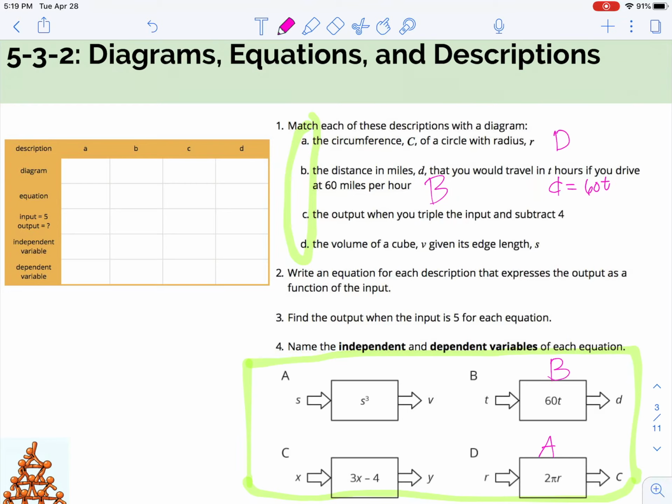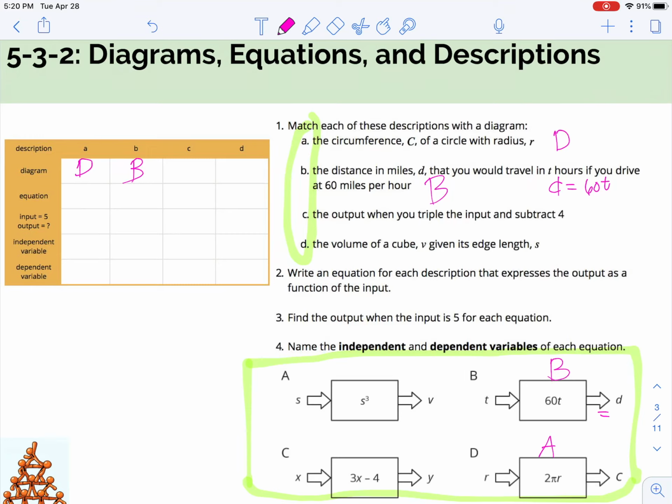Okay, so description A, we said that's D. Description B, we said that's B, and you are going to do C and D. So for the equation part, what do they want you to do? Oh, yeah, you're writing what it would be written as. You're kind of going backwards. If you look at B, you'd write an equal sign here: D equals 60T.